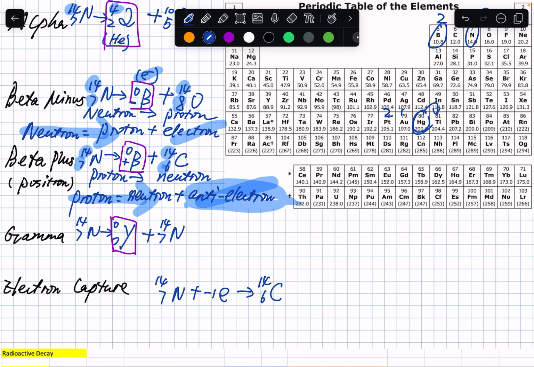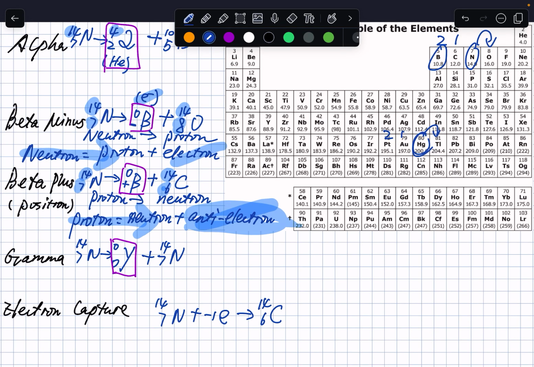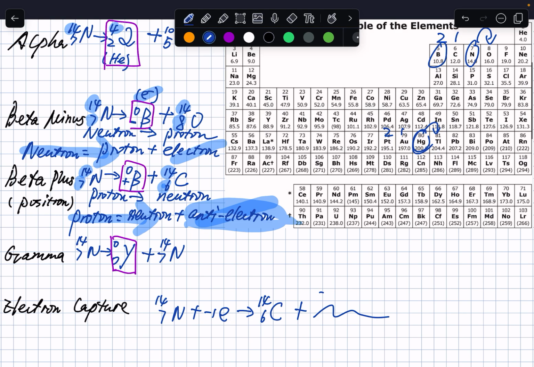This is the new atom I have after electron capture, okay? All right, and then you actually get some X-ray. And there's also a particle that makes up this X-ray. It has a terminology, it's called a neutrino, but I don't think you're really gonna see it on MCAT, but just so you know, okay? All right, so this is electron capture.